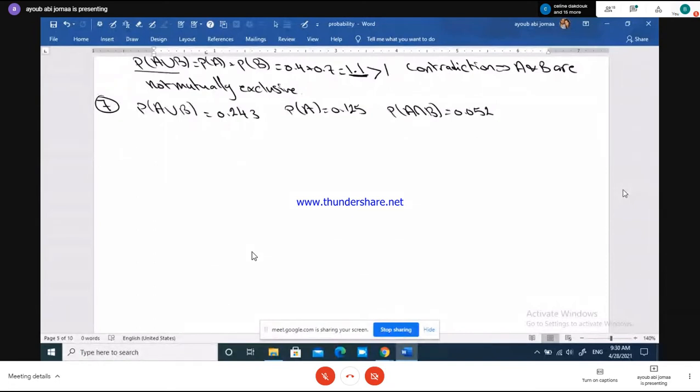Okay. طيب. Yes, Khalid. In this exercise, you are given probability of A union B is 0.243, probability of A is 0.125, and the intersection is 0.052. The question requires finding probability of B bar. Right. First of all, if you have probability of B, can you find probability of B bar?